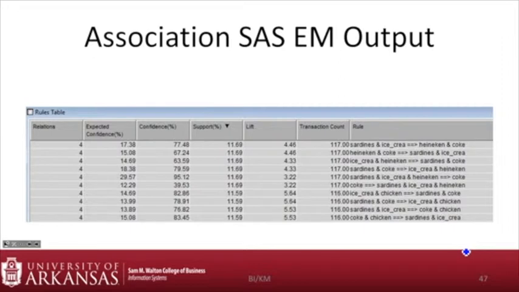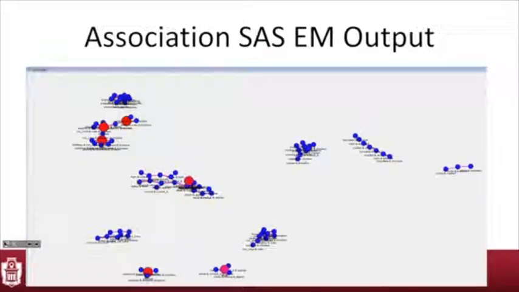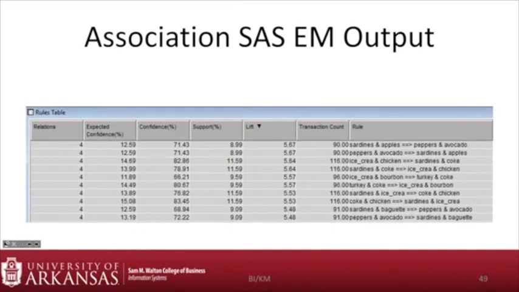So here we've got the difference of 17 and 77. Here we have a higher lift, and if we did the calculation, it's going to be a little bit better. So we have 77 divided by 17, and that's going to give us a higher lift. So the higher lift is better.